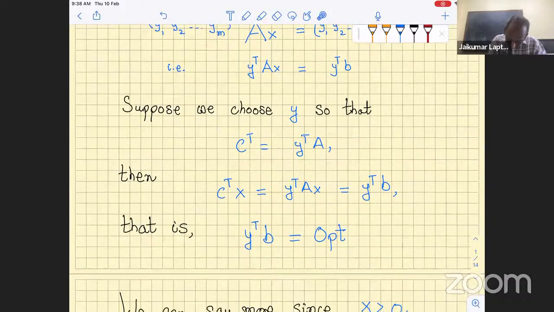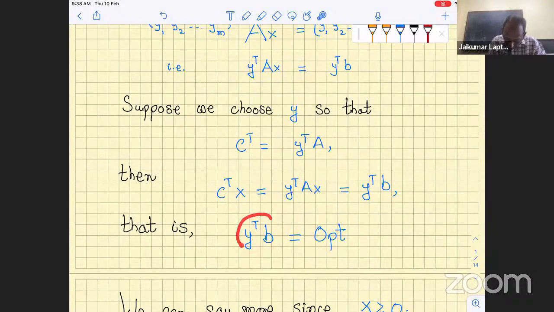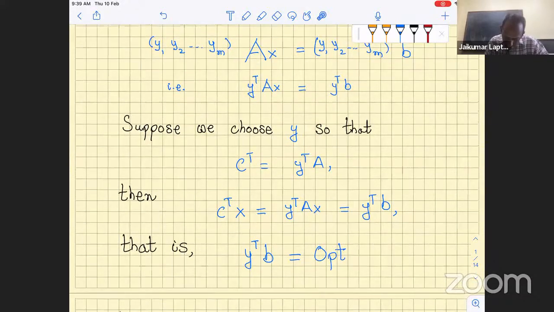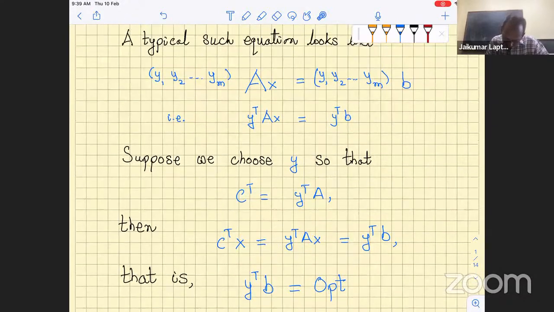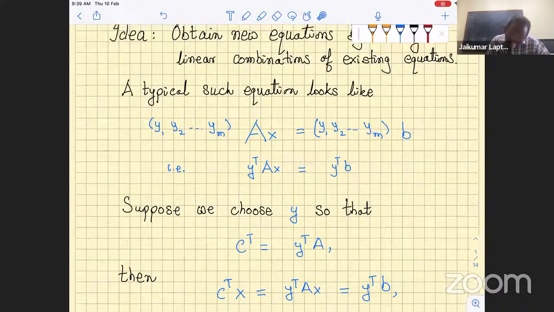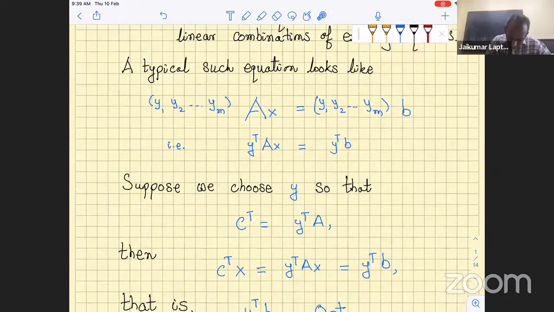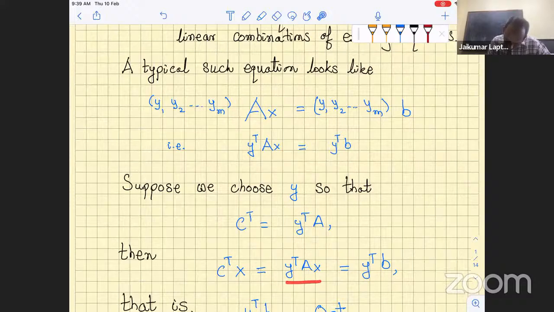So if you find such a y, then y transpose b will already be the optimum solution. It might be the case that the LP is not feasible. So if it is feasible and we are able to find such an x and y, then for every feasible solution, this is true.